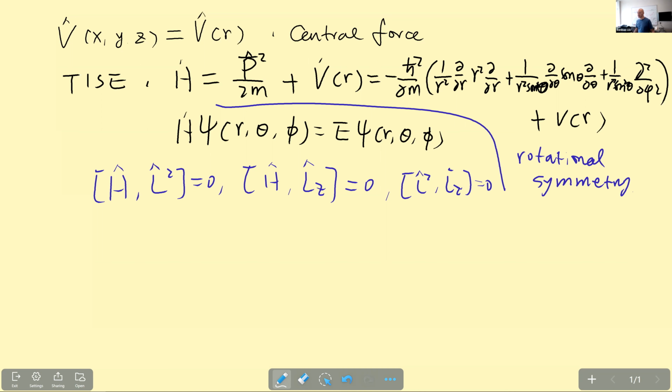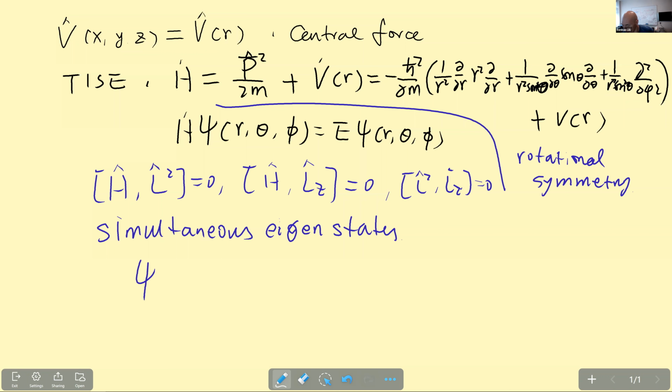So because these three operators commute, they can have a simultaneous eigenstate. Okay, right. So that can be written as a function with three indices.